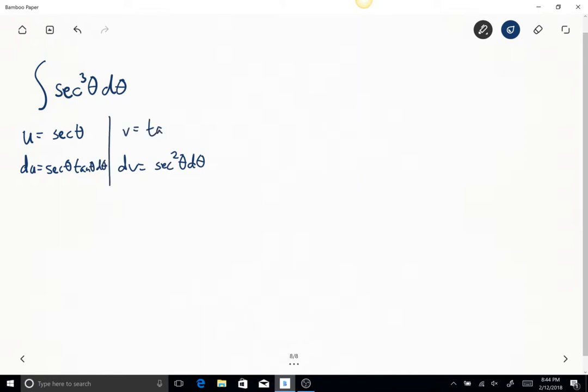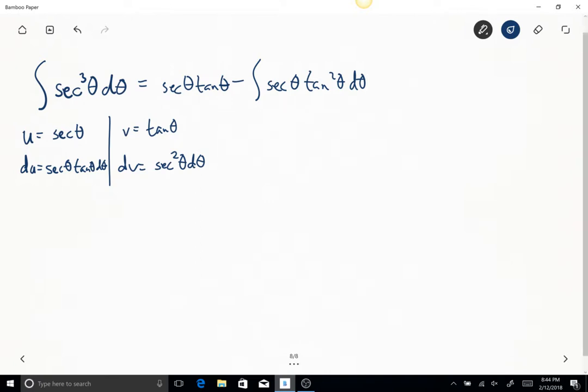So if you do all this, you have a setup where we can write this as secant theta tangent theta minus the integral of, notice you'll have a secant theta and a tangent squared theta, so secant theta tangent squared theta d theta. Okay.